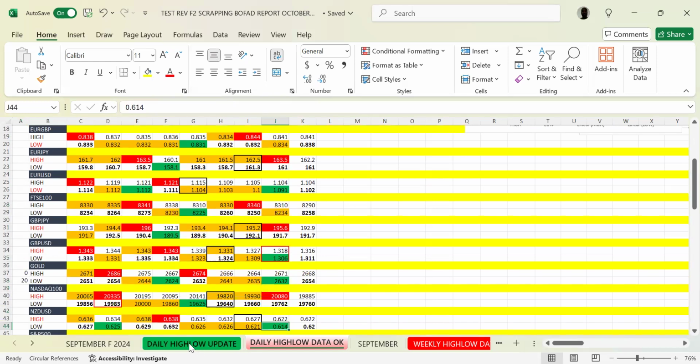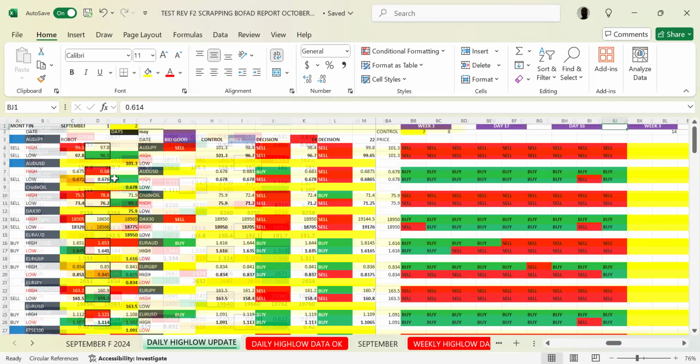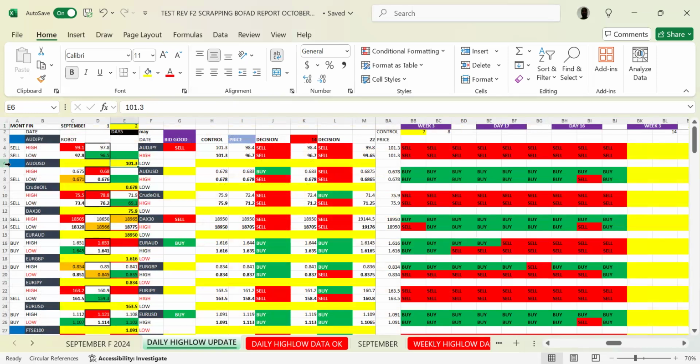Once we have the price, we input it in this column, as you can see here. For each product like AUD JPY and AUD USD, this is where we input the price. Based on those inputs, it now tells us the decision of the market as the market progresses.